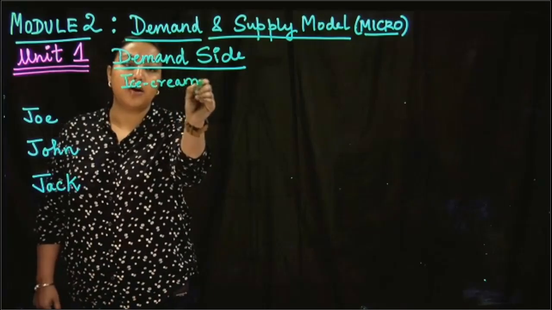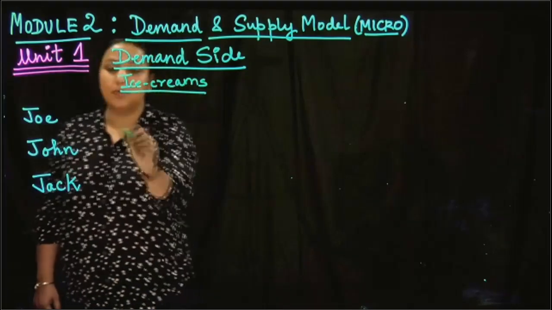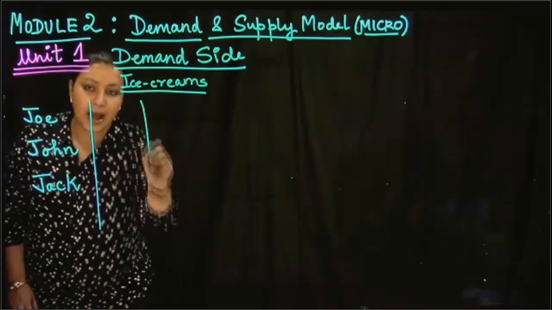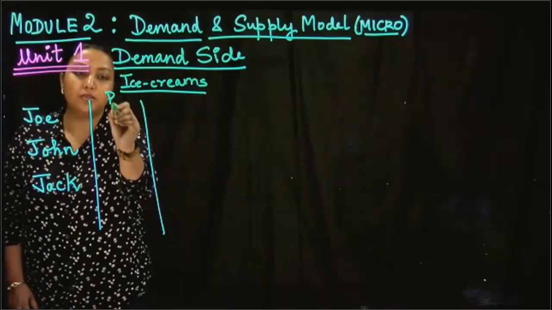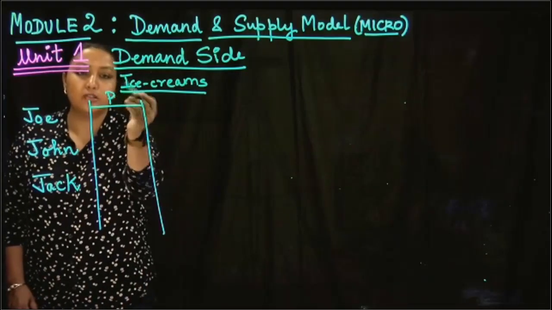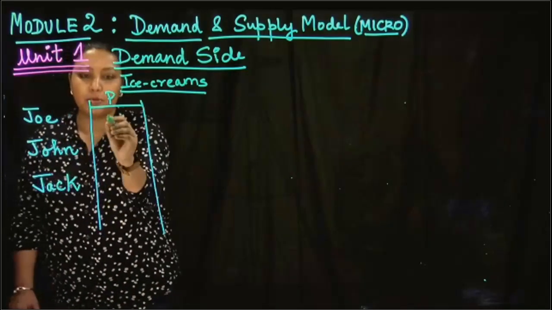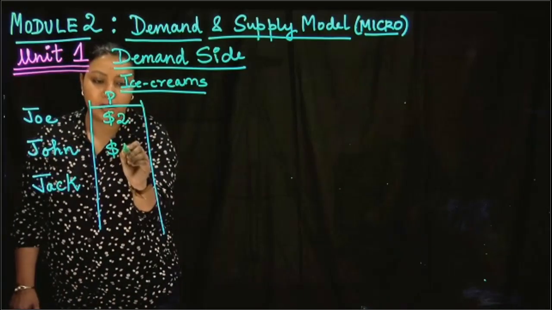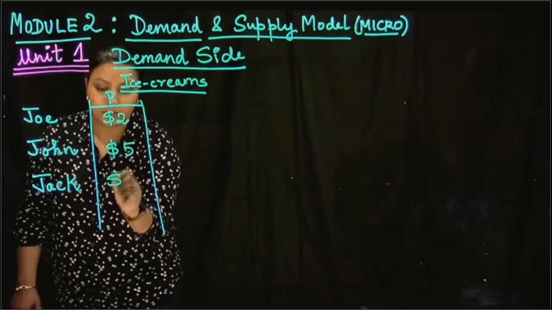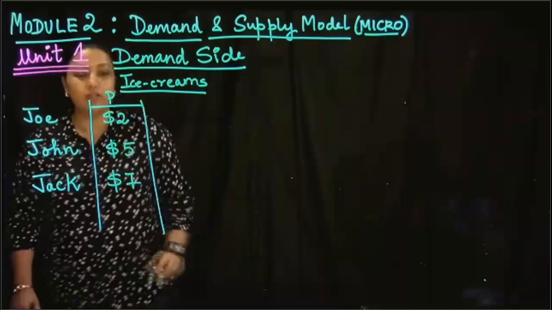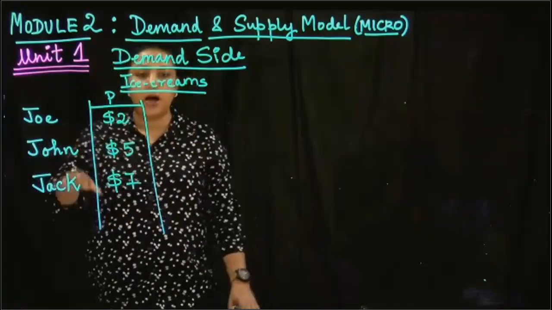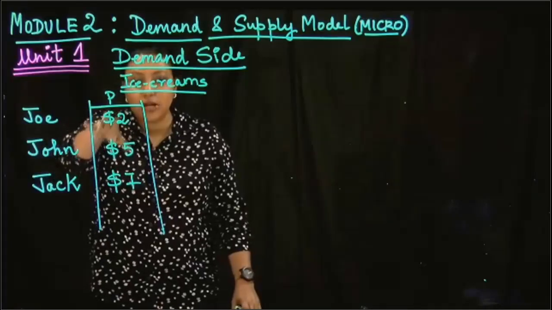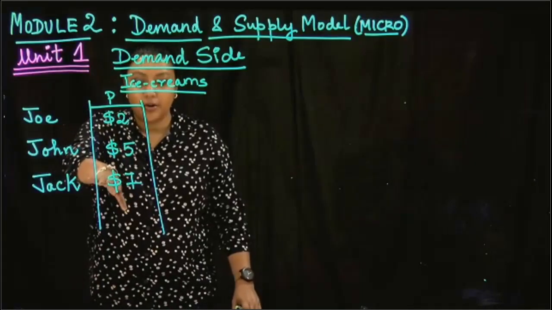So that is the market that we are really concerned about, and we have three price points in the market. So this is basically the own price that I am talking about, say $2, $5 and $7. So all these three buyers face these three prices in the market, right?